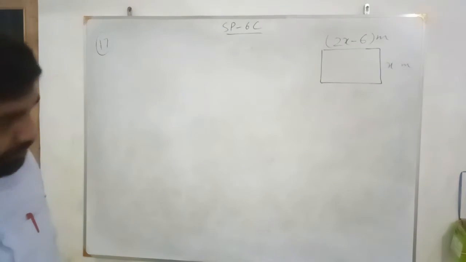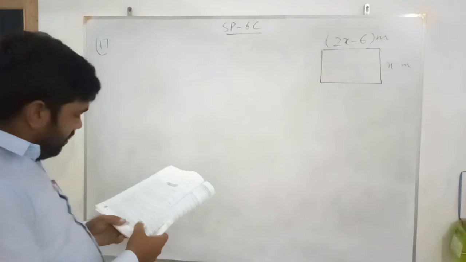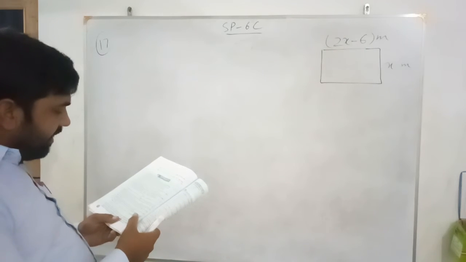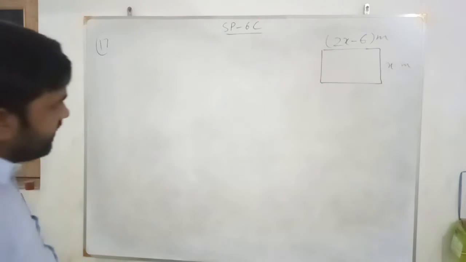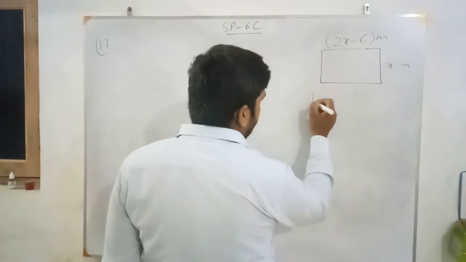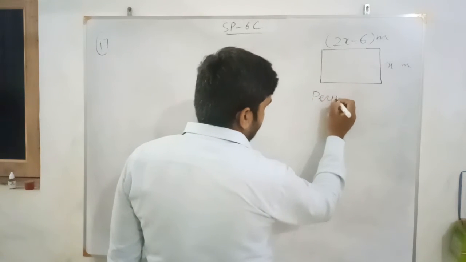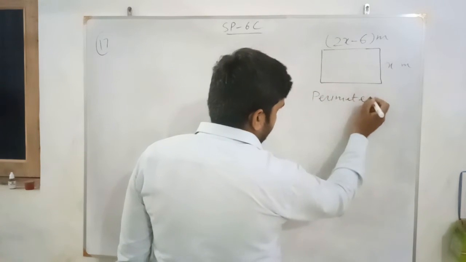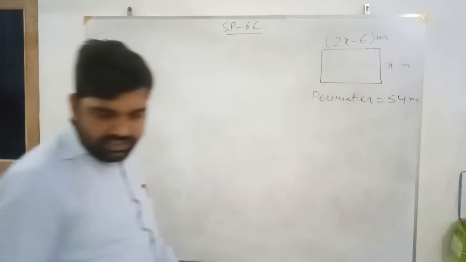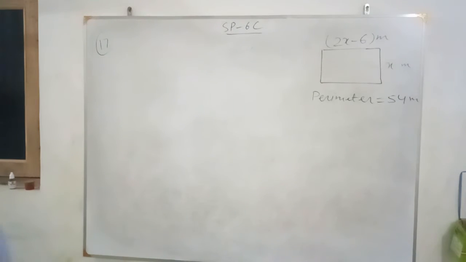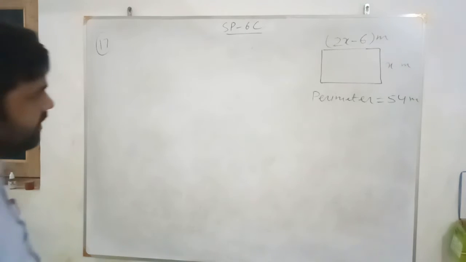So if the perimeter of the rectangle is 54 meters, find its length and breadth. The perimeter of the rectangle is given as 54 meters, find its length and breadth.